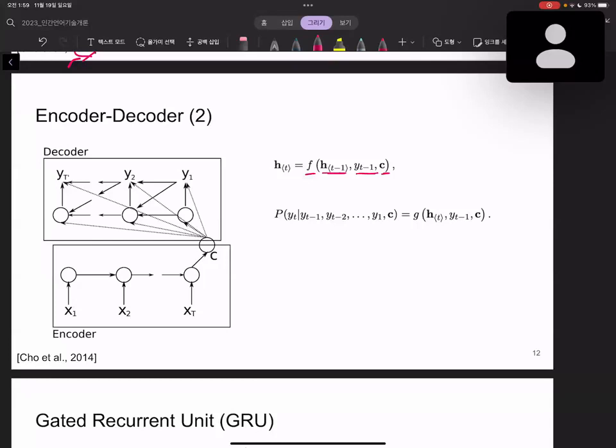But here, c is used, along with the previous output and the previous hidden state.